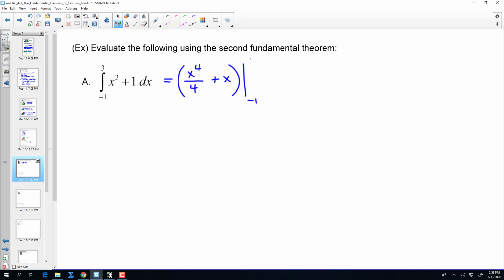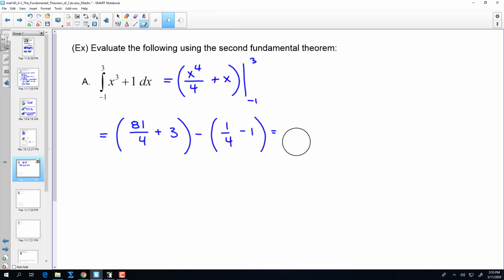This is generally the notation used here, just a vertical bar indicating that we haven't evaluated yet, but we need to. If I plug in the 3, that's going to be 3 to the 4th power, which is 81 over 4, plus 3, then minus -1 to the 4th power is just +1, so 1/4, and minus 1.